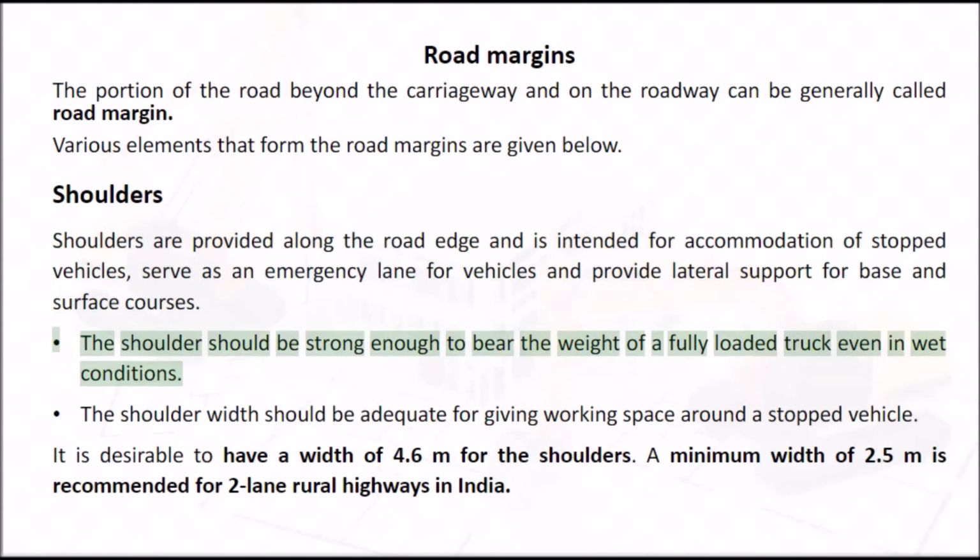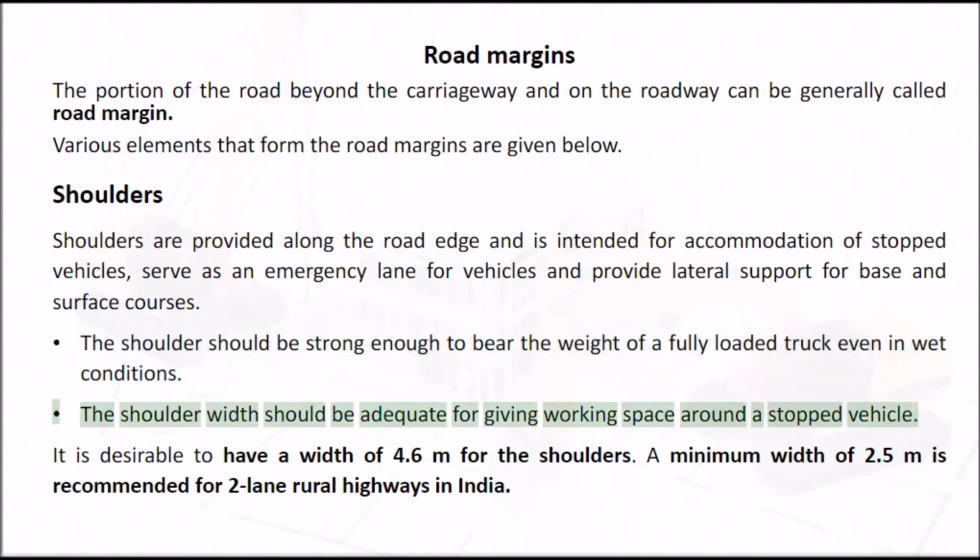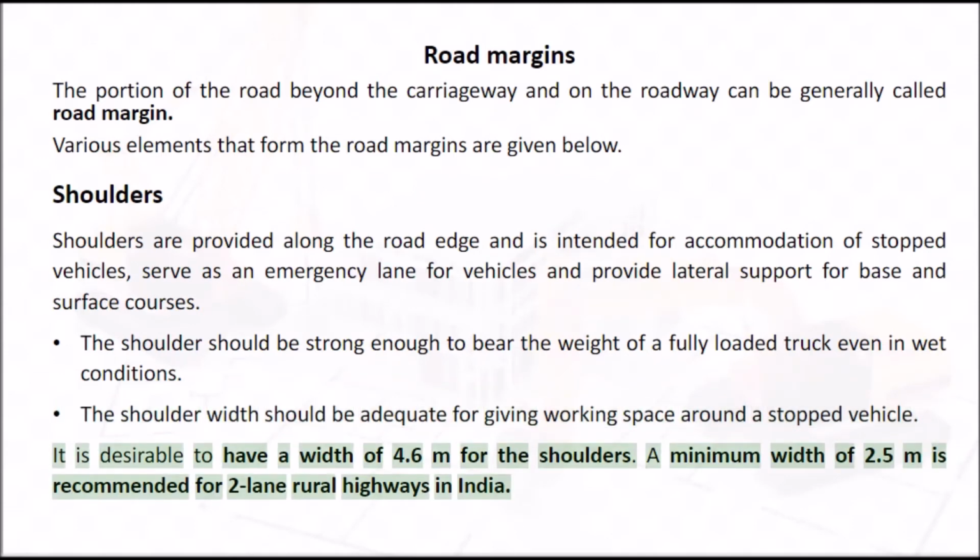The shoulder should be strong enough to bear the weight of a fully loaded truck even in wet conditions. The shoulder width should be adequate for giving working space around a stopped vehicle. It is desirable to have a width of 4.6 m for the shoulders. A minimum width of 2.5 m is recommended for two-lane rural highways in India.